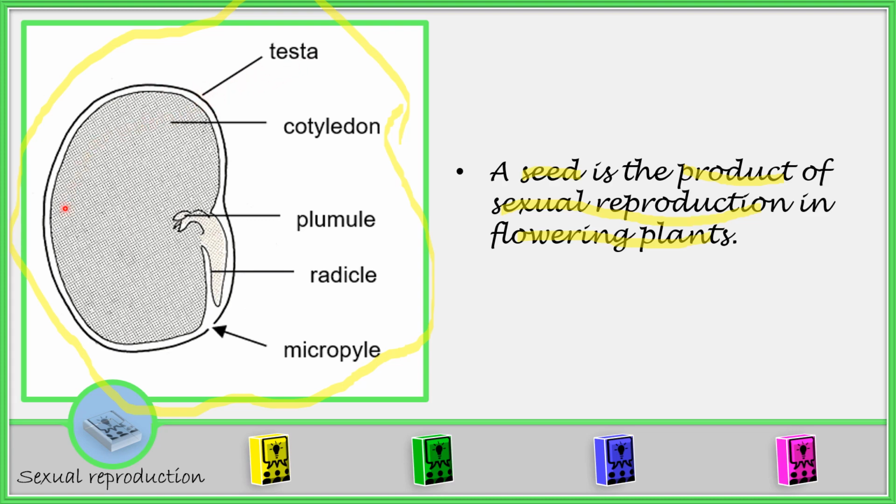We have the middle part, that one is the cotyledon. We have the upper part of the embryo, that one is called the plumule. Then the lower part of the embryo, we call it the radicle. Then there is a small hole in the tester, that one we call a micropyle.